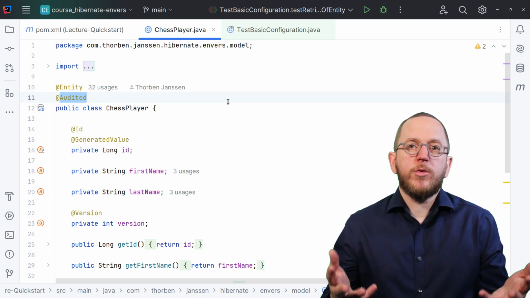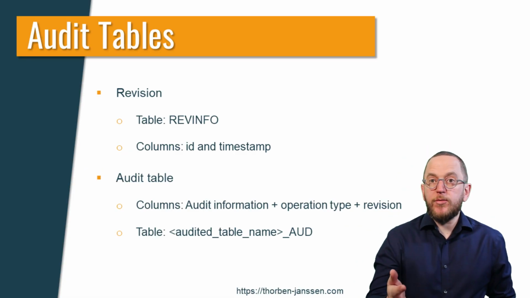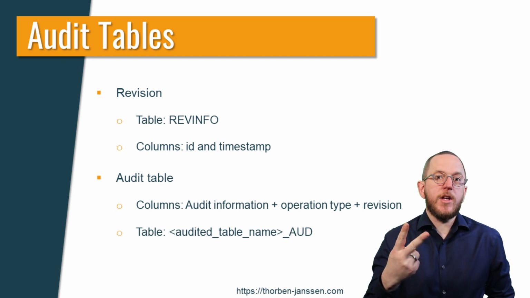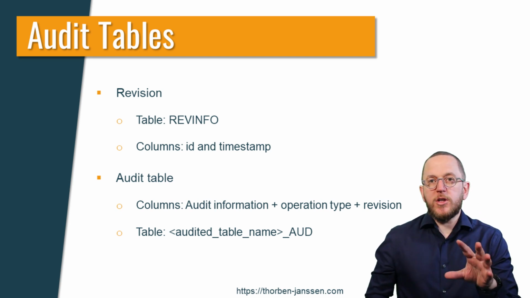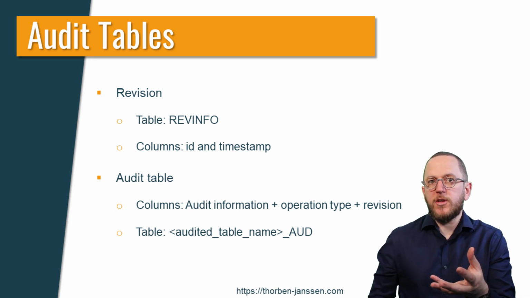So, how are those tables supposed to look? Hibernate Envers expects a REVINFO table to store the revision information. These consist of a unique ID and a timestamp when the revision was created. Envers also needs an additional table for every audited entity class to store their changes.